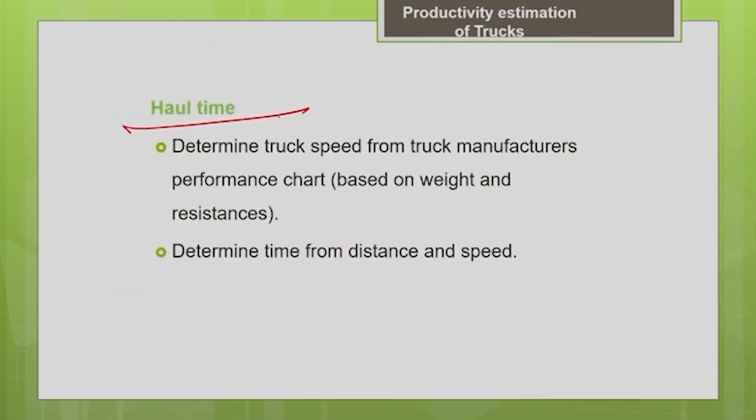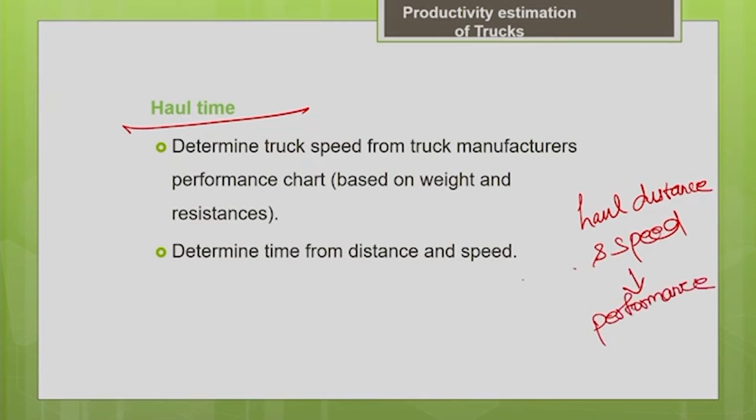Now, next is about the haul time. Haul time depends upon your haul distance and the speed. Speed, you can get from the performance chart. To use the performance chart, you need to know the weight of the machine, and also the resistances in your project site, the rolling resistance and the grade resistance.